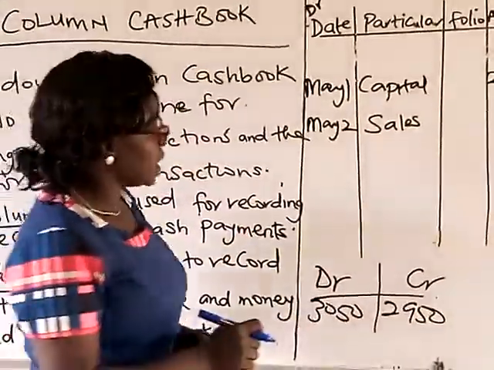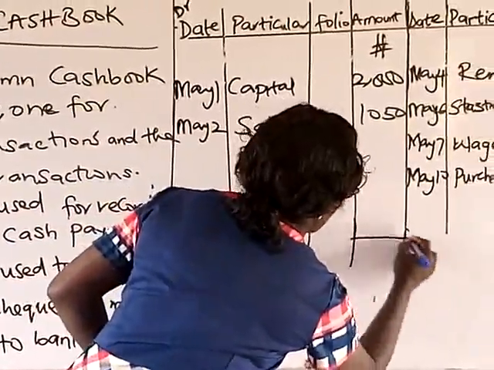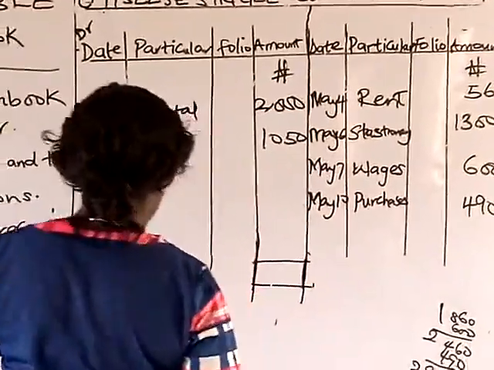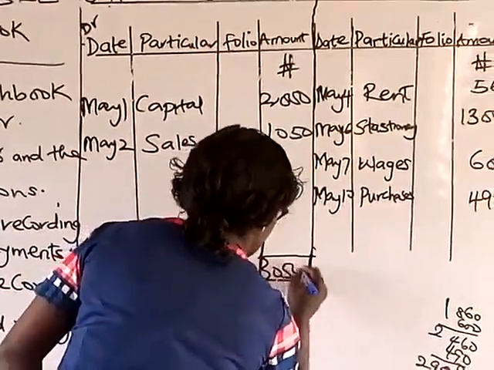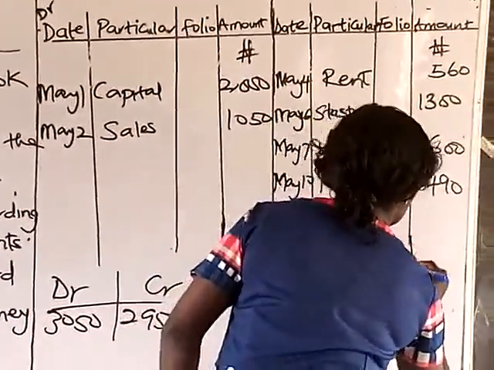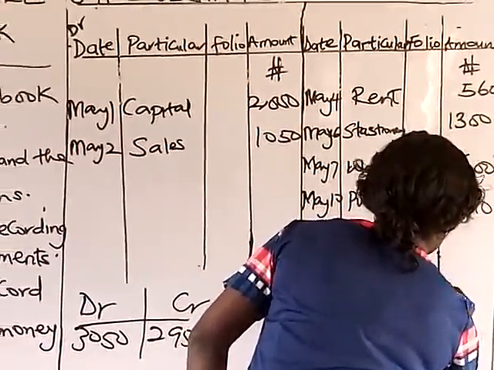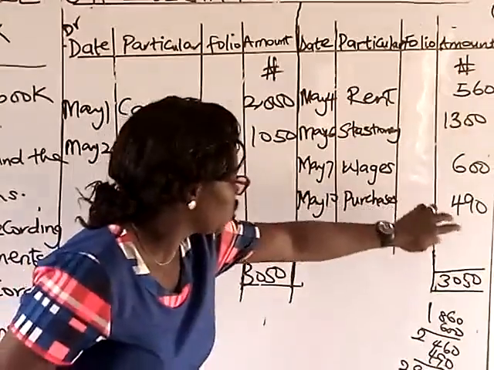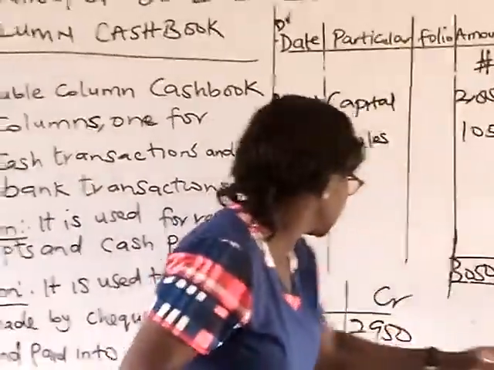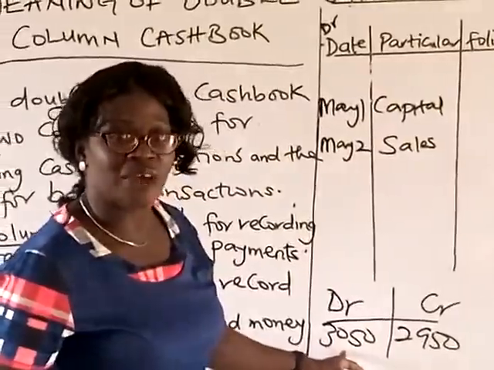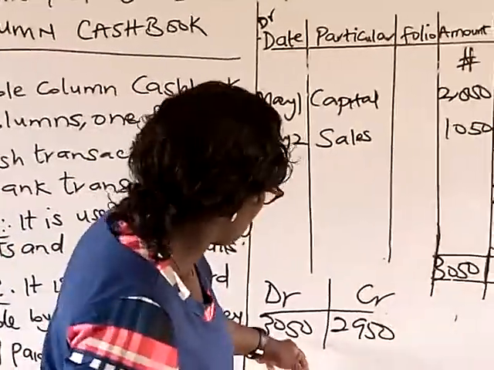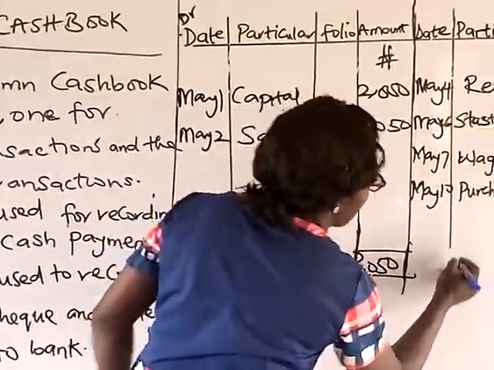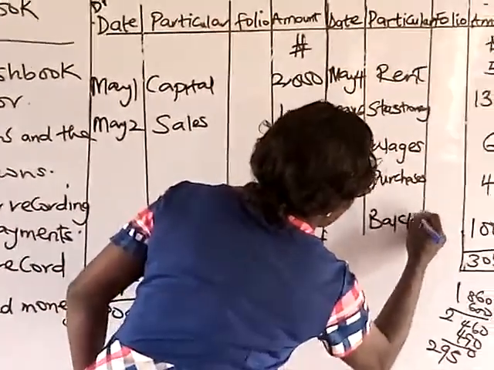So we are going to write the biggest figure, 3,050 naira, under both sides because the principle says the amounts must be equal. The smaller side, which is 2,950 naira, we take it away from 3,050 naira and we are left with 100 naira, which we write under the credit side as our balance carried down.